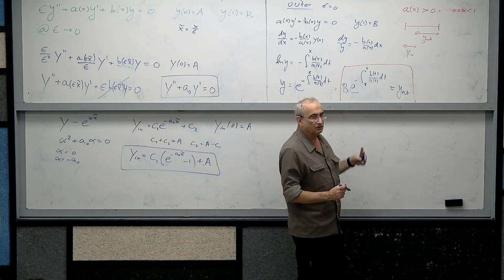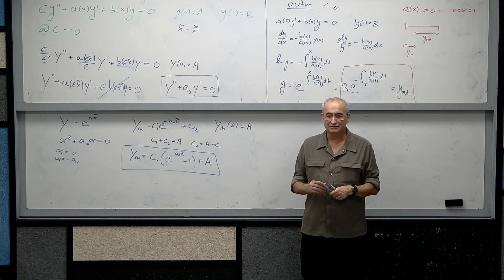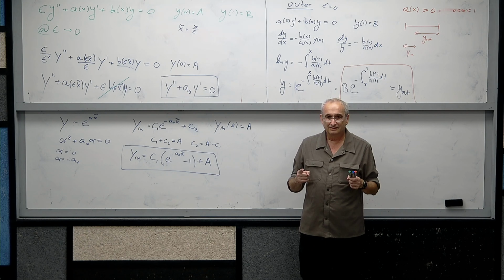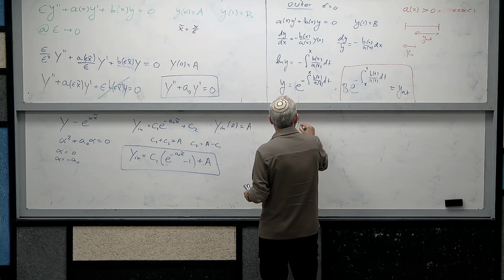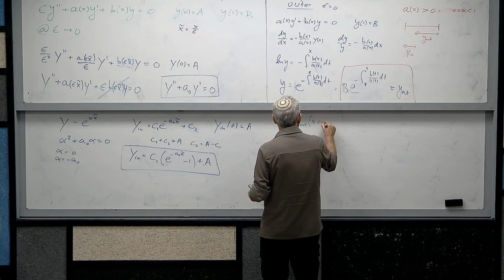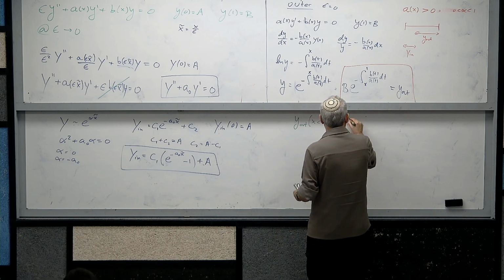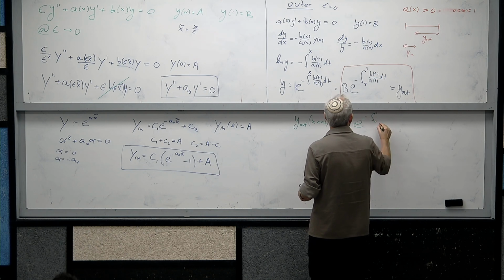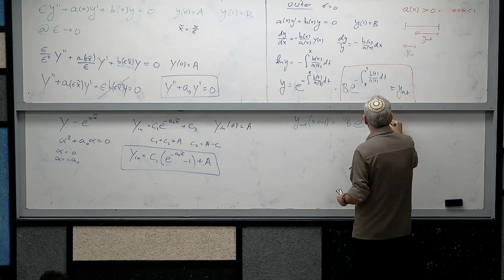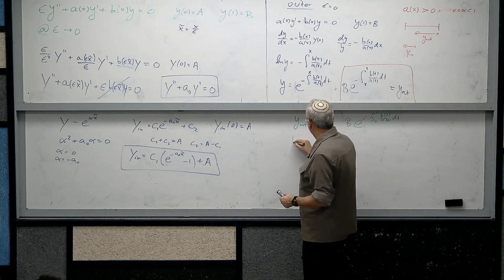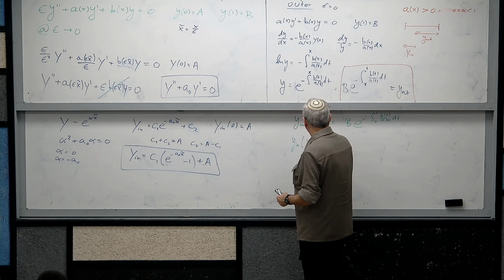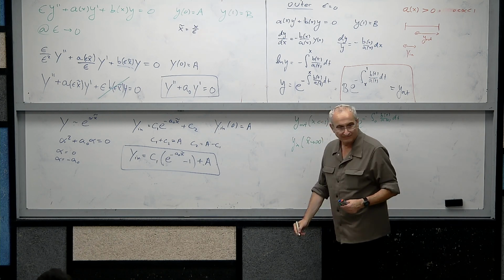This is the general form of the outer solution, and what remains is to match them in order to find what C1 is. Right? I wanted to know what C1 is. So what I'm doing, I'm asking what is y out when x is much smaller than 1. And this is simply b e to the minus the integral from 0 to 1 of b of t over a of t dt. And I will ask what is y in when x tilde goes to infinity, right?